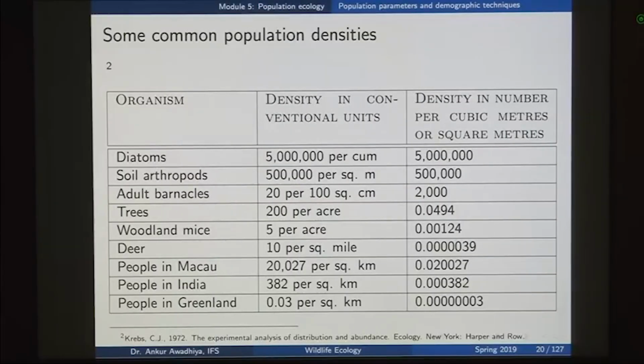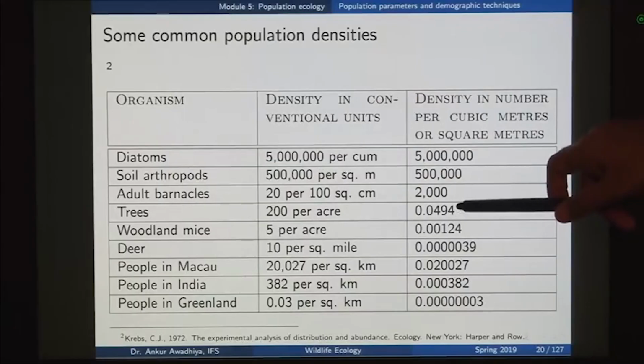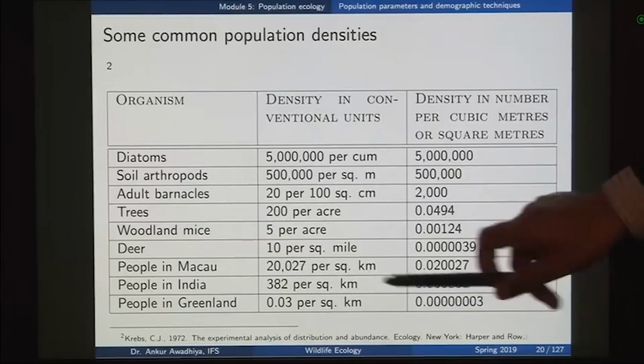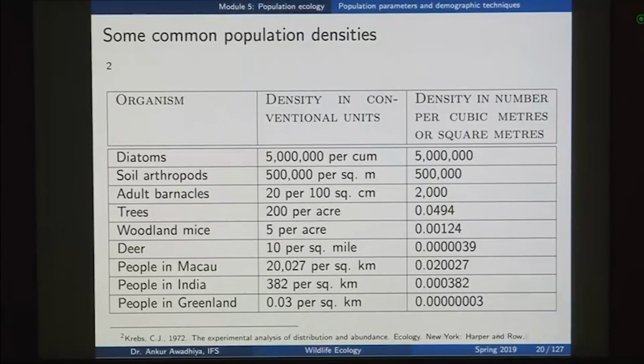In the case of trees, this goes down to something like 0.05. In the case of people, it can go even down to something like 0.00000003 per square meter. So, you have a very large diversity in these numbers. So, for instance, in the case of our tiger reserves, the density of cheetal or the density of sambar is going to be much higher than the density of tigers.